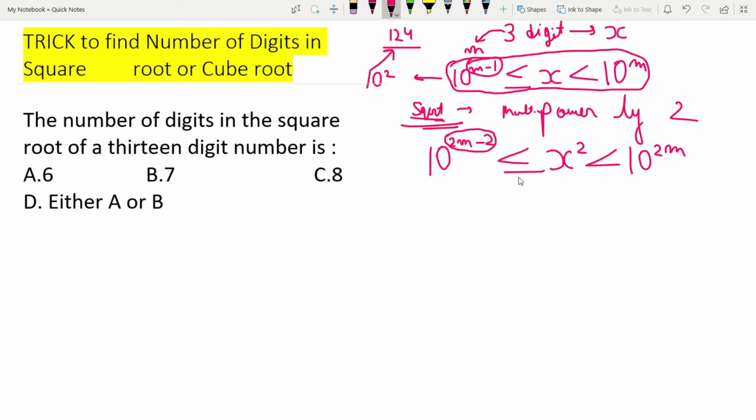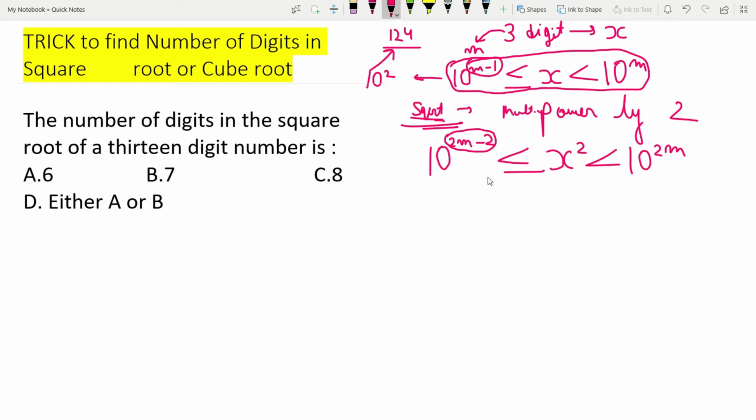So we can say that for the square of this number, the number of digits can be 2m minus 1 or 2m digits. Because for 10 raised to the power m minus 1, the number of digits was m digits.